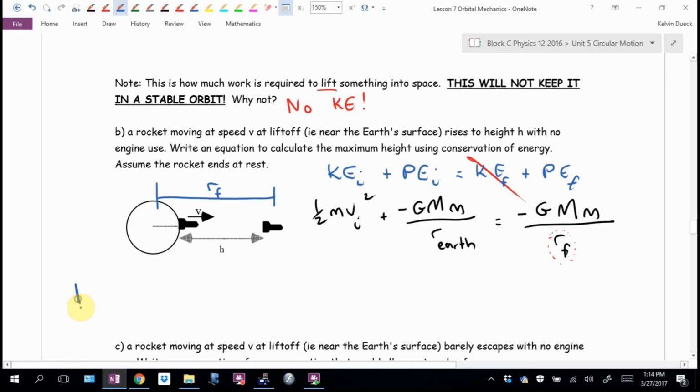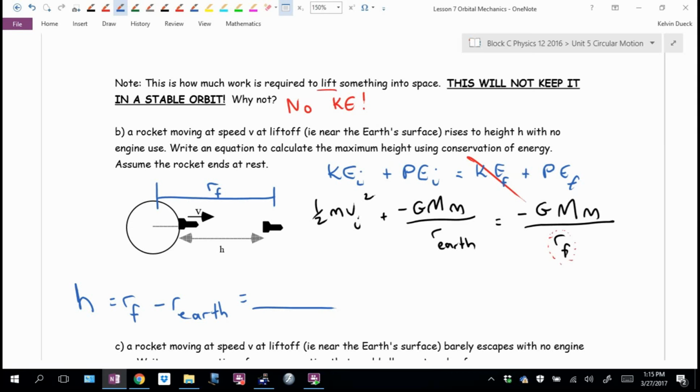Okay, so if they actually want the height, that's going to be our final minus our Earth radius, whatever the heck that is. Will I ask you for the height? Yeah, maybe once, I don't know. I mean, if you can do it once, you can do it every time, but that's overkill in my mind.